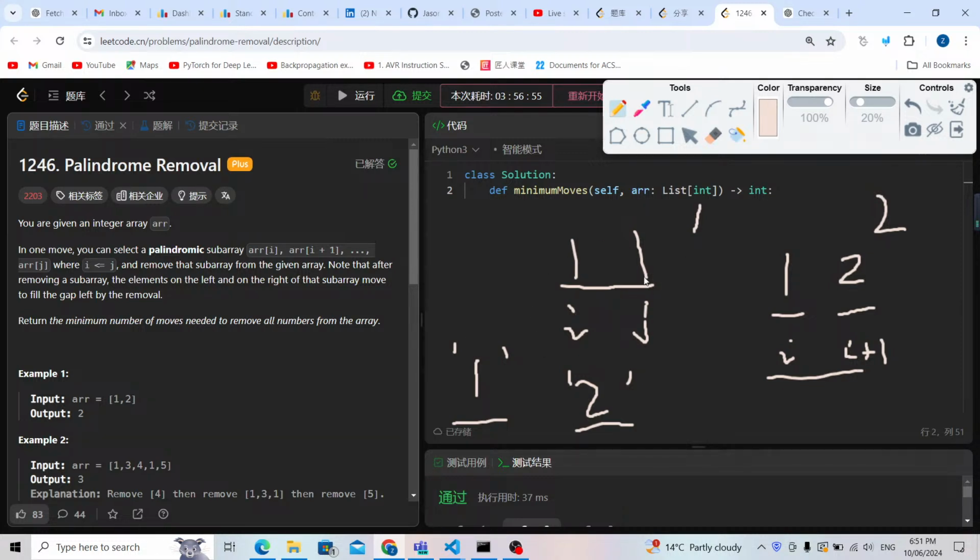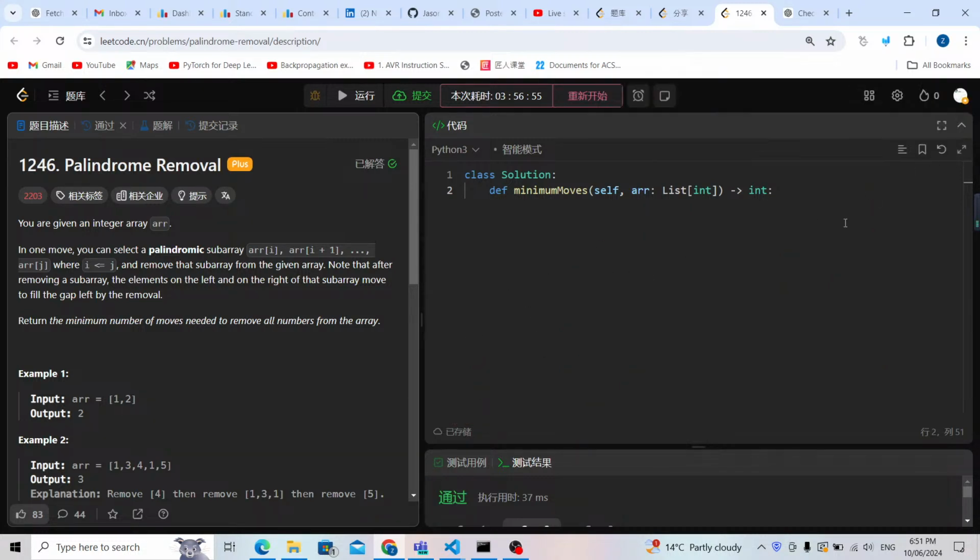Now I think it's enough for us to prepare to solve the problem. As I explained, I'm going to use DFS plus memoization because this is much easier to understand than tabulation. I'm going to use a DFS from i to j.